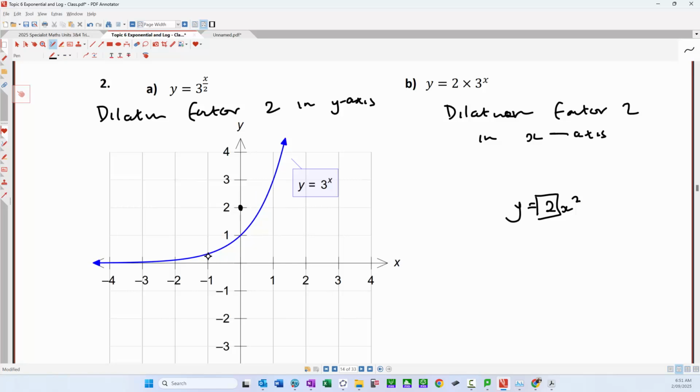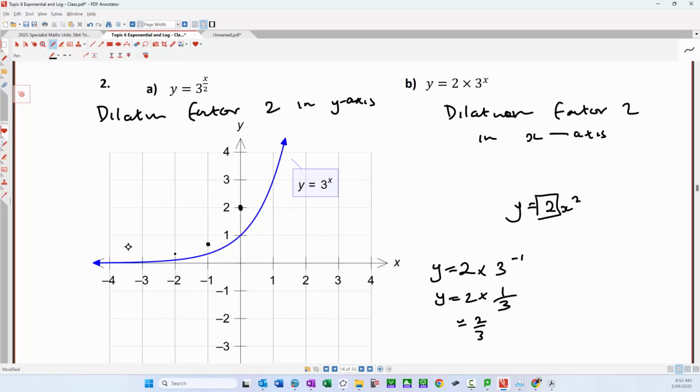Now this value here, that's 3 to the x. 3 to the negative 1 is 1/3. So that should go to here, that should be 2/3. And we can try that. Y equals 2 times 3 to the negative 1, which is 2 times 1 over 3, which is 2/3.